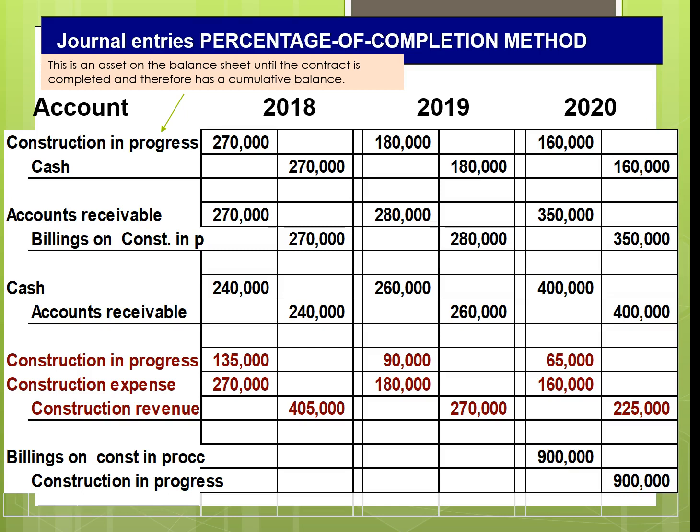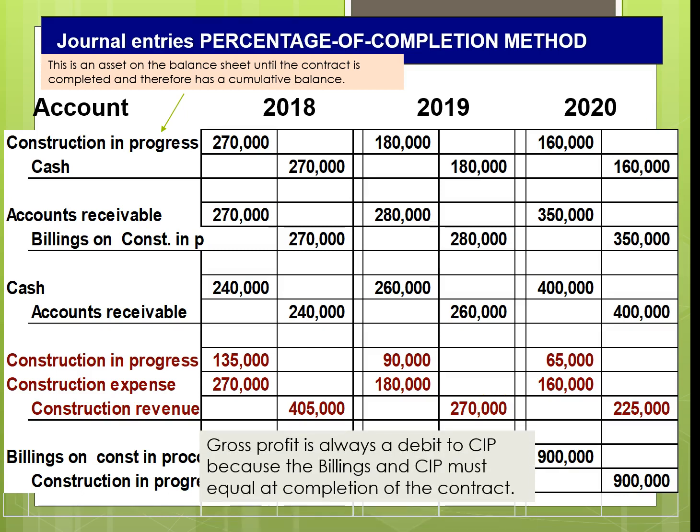And I'm going to show you that in T accounts. And gross profit is always a debit to construction in process because the billings and construction in process accounts must equal at the completion of the contract. Now, this is only if there's a profit.